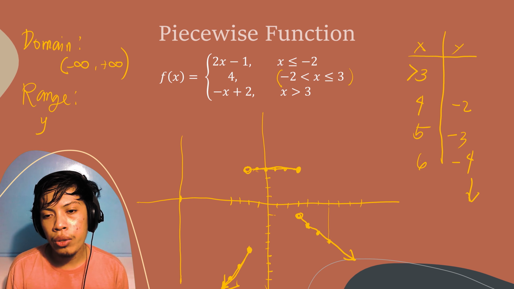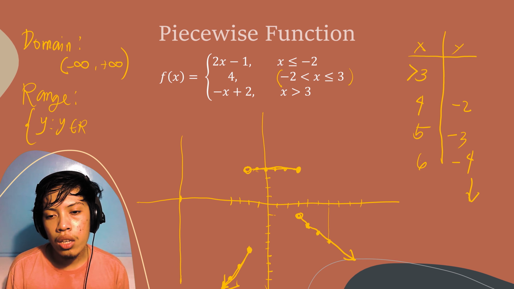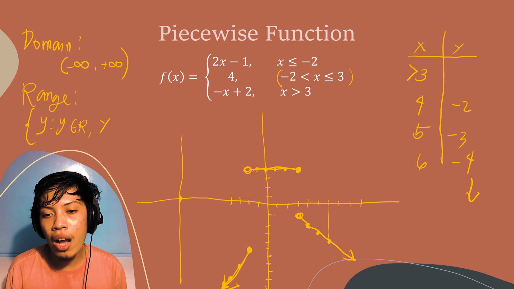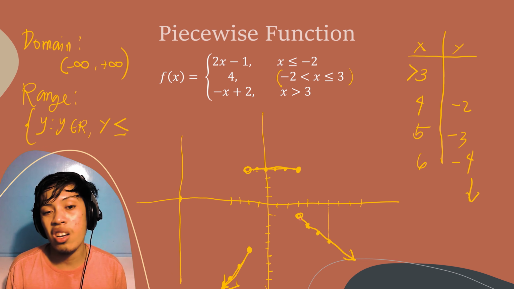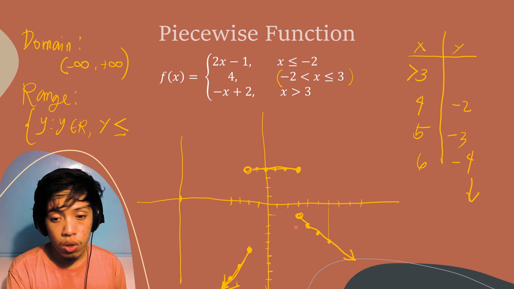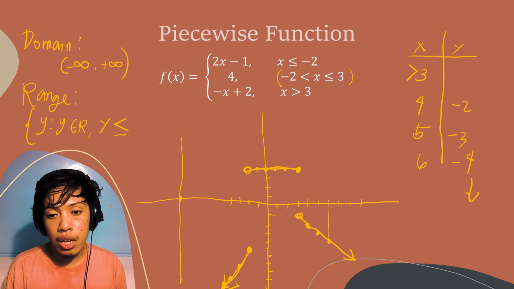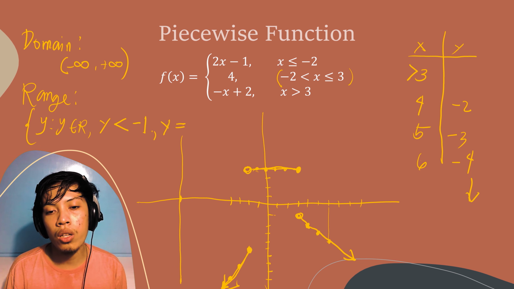We'll use set builder notation. y such that y is a real number and y is less than, just less than, no equal, because this one is not a solid dot. That's just a hollow dot. So less than negative 1, and y is also equal to, we also have here 1, 2, 3, 4.